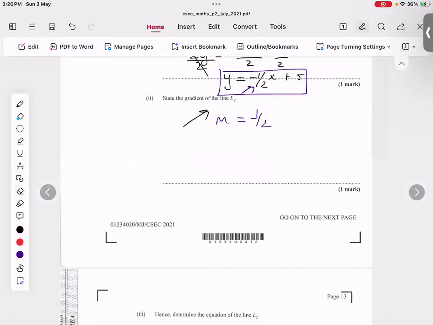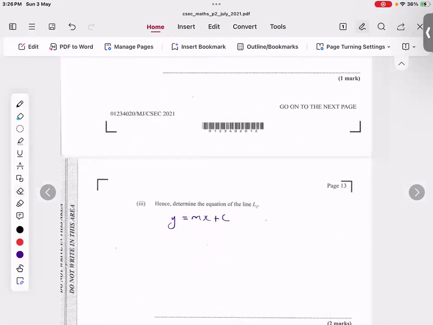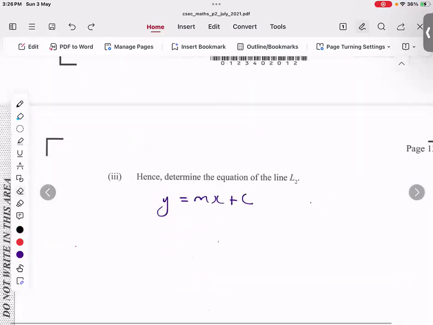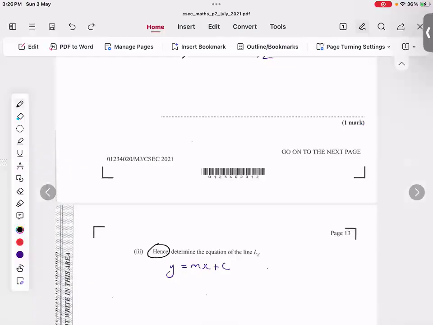So now the relationship here, this keyword "hence," is connecting what we just did with what we're about to do now. It is saying to take the gradient that you got from the first line.